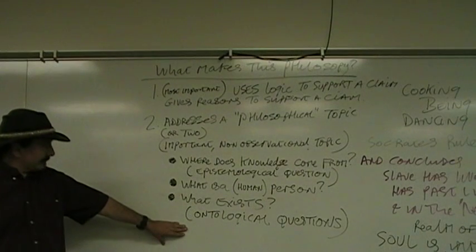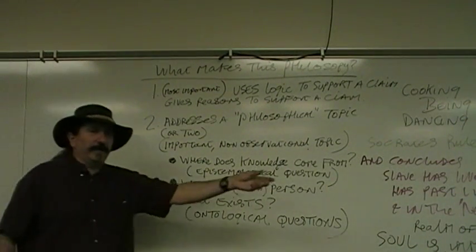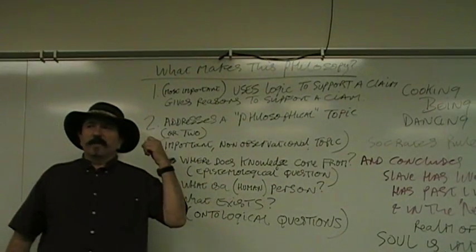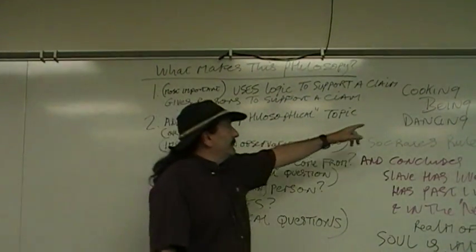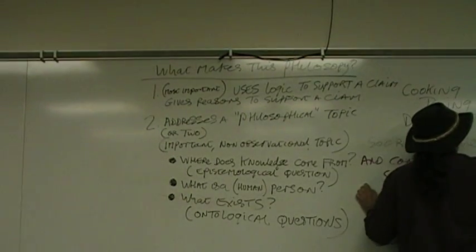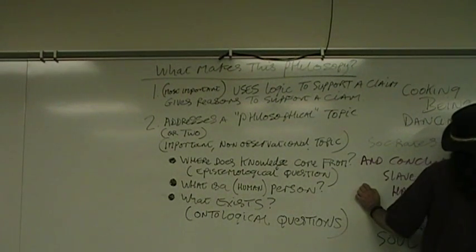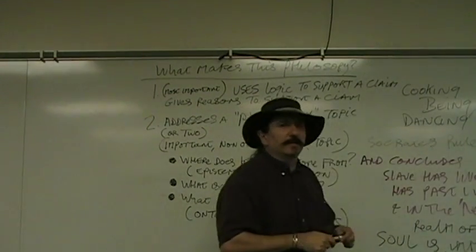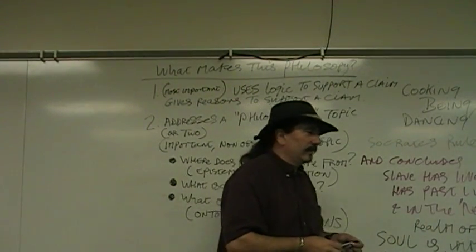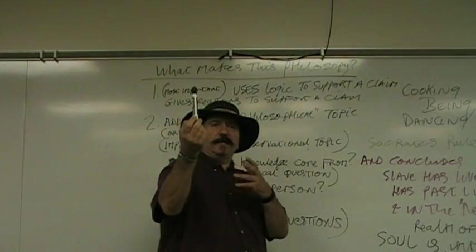Right, so these are ontological questions. It's the study of being. And what's always fascinating about this, being is the same thing as existence. Right? But it's a verb. So this pen is a being.